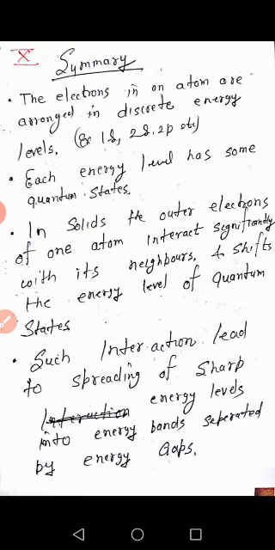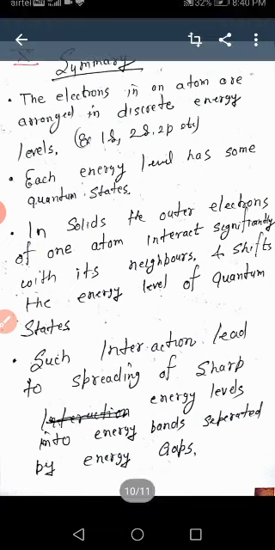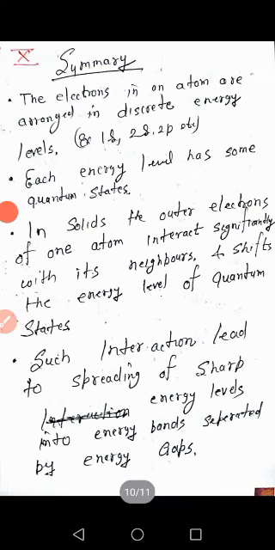In this lecture, we shall try to summarize all the concepts we have learned in the previous lecture, and we shall see some pictorial representation in which we will try to simplify those concepts.